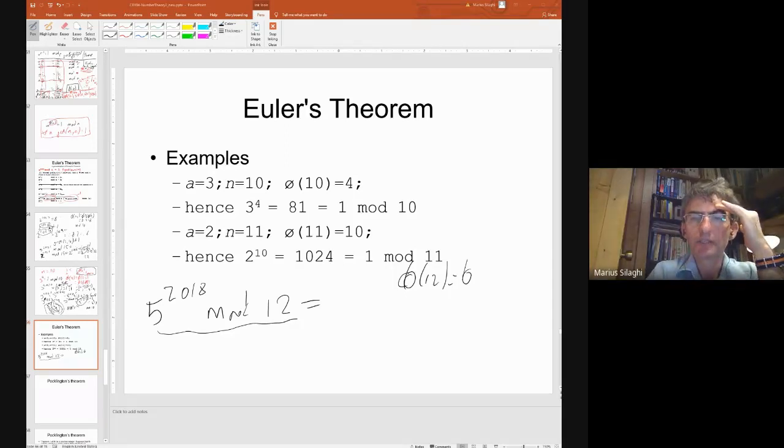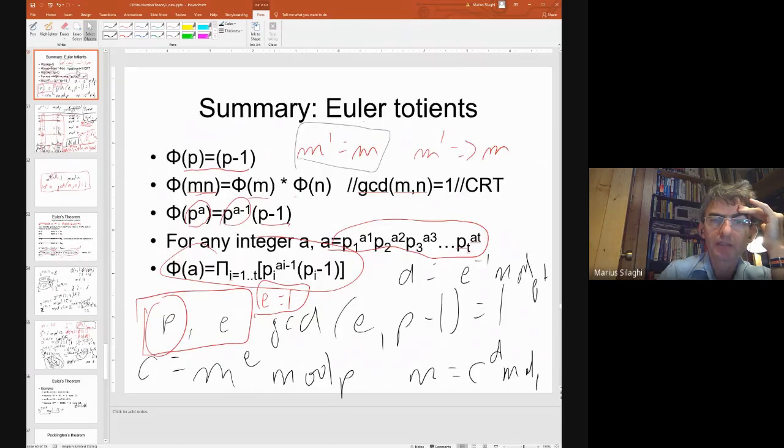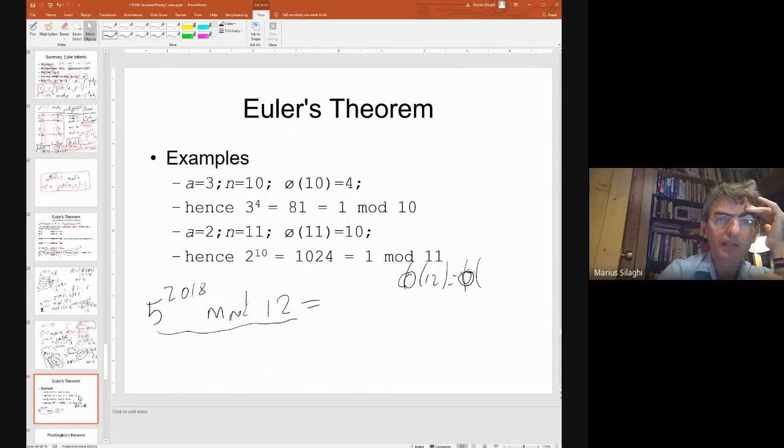Okay, so Euler totient of 12 equals Euler totient of decomposing prime factors. You remember this is a formula that we have just seen on the top, right? You decompose in prime factors as here, and then you use a formula for prime factors. So you just write Euler totient of 12 is Euler totient of 2 to the power 2 times 3.